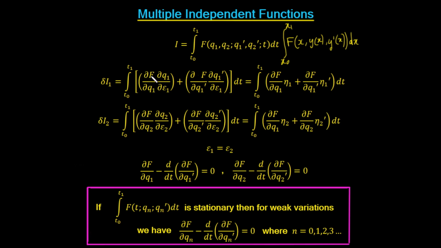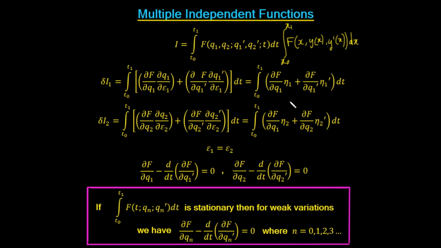So we have partial f by partial q1 times partial q1 by partial epsilon 1, and again partial f by partial q1 dash times partial q1 dash by partial epsilon 1. We've seen this whenever we looked at the derivation of the Euler-Lagrange. And we can replace this partial q1 by partial epsilon 1 with our eta 1, and this one term here can get replaced with our eta 1 dash.